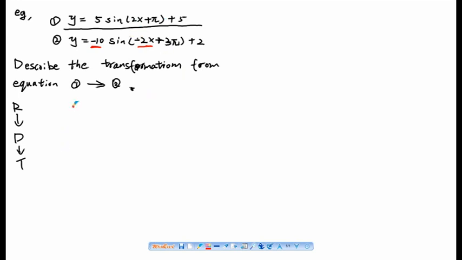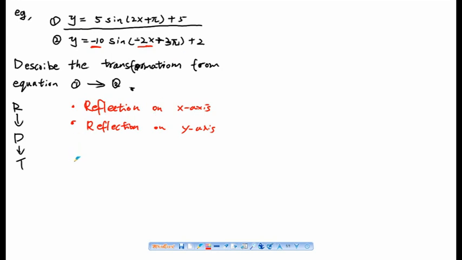So the thing is, reflection on x-axis and reflection on y-axis. Okay, that's the only two I can find.